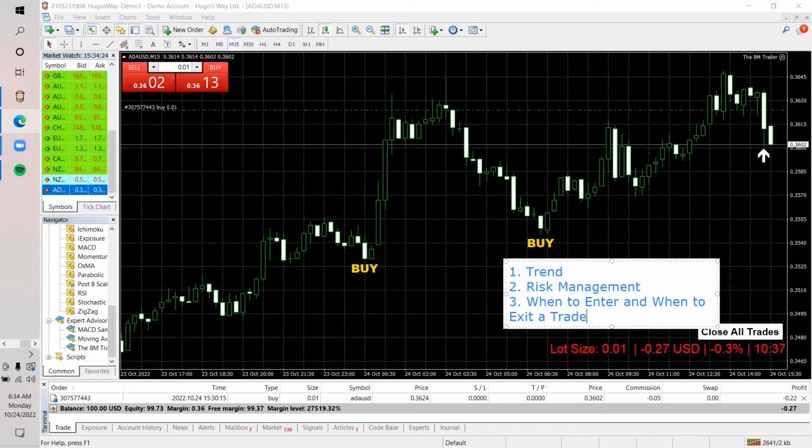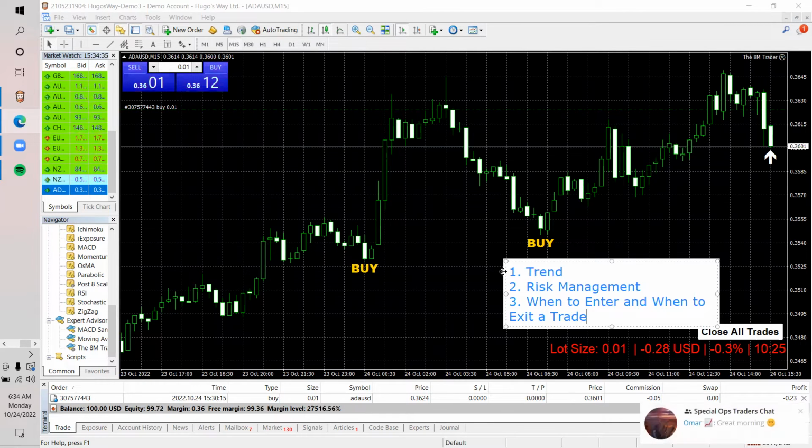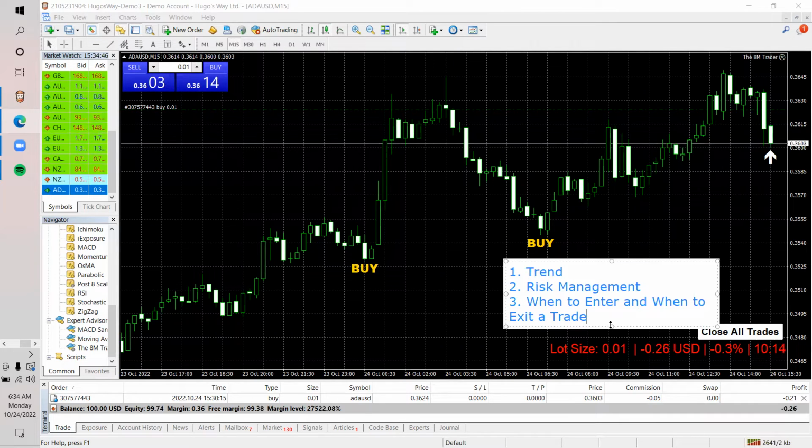But risk management may look different depending on the pairs that we trade and the account balances that we grow. Again, it's all very much in fluctuation. We always adapt to what I believe is going to be the best way to approach the market, based on what I test out. Same goes with when to enter and when to exit a trade.